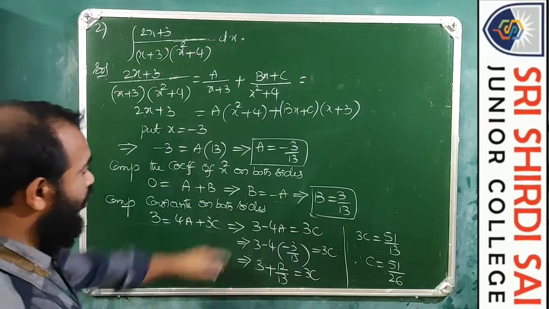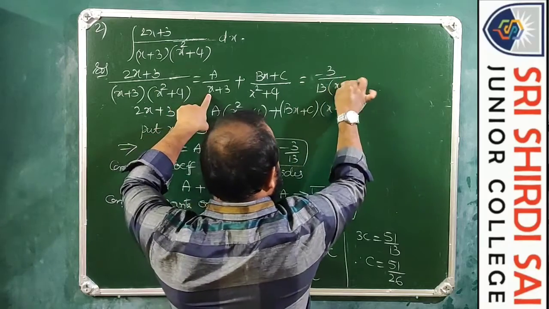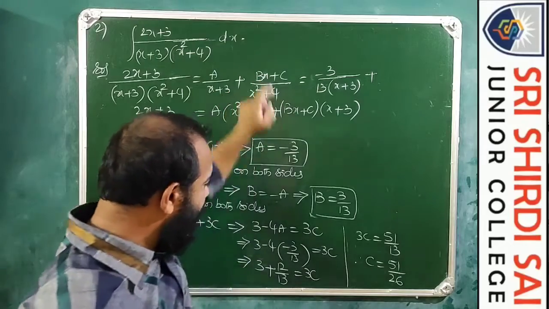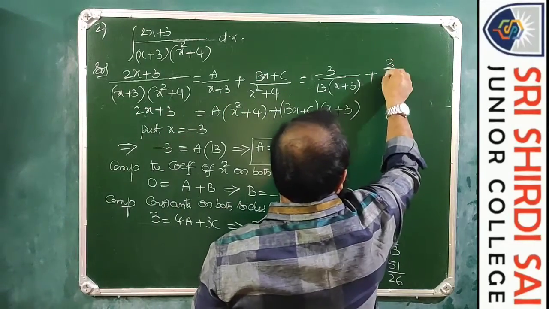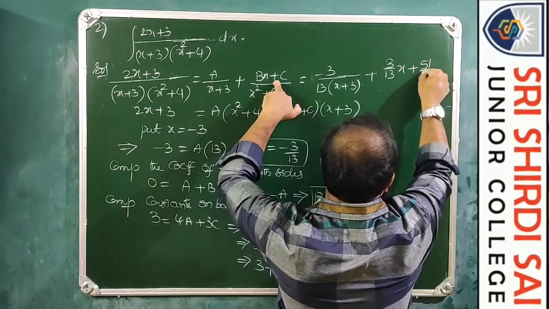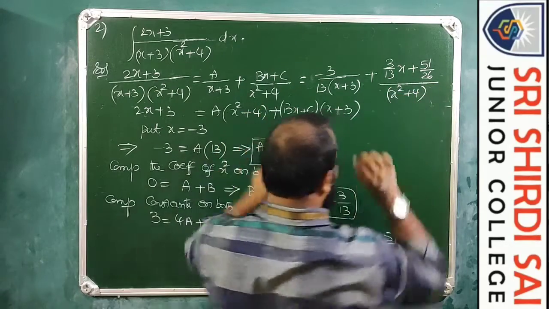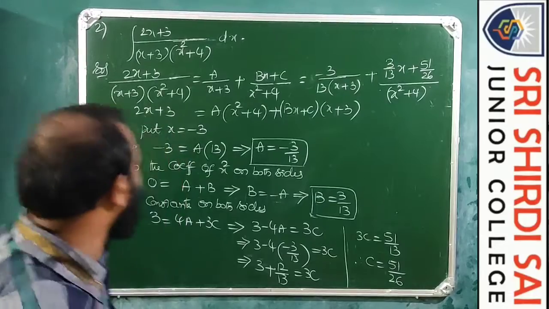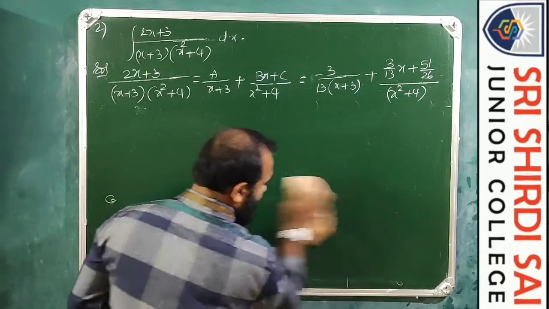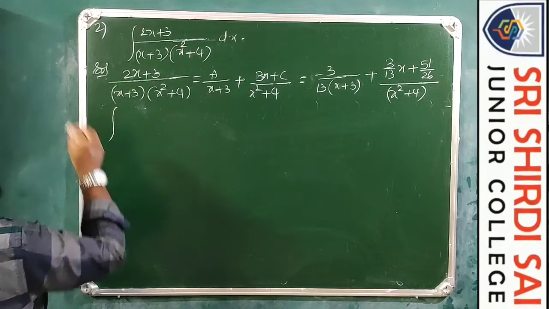So here the value of A is minus 3 by 13 into (x plus 3), plus (Bx plus C), where B value is 3 by 13 x and C value is 51 by 26, by (x square plus 4). So I'm dropping this. Now take the integration on both the sides.